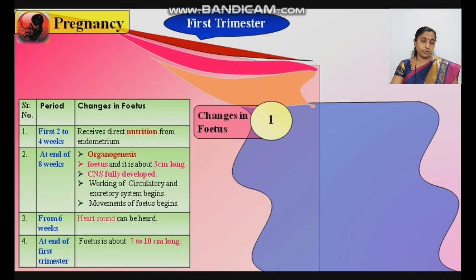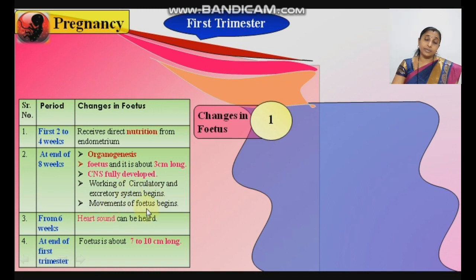Working of the circulatory and excretory systems begins. The excretory system discharges urine, which carries waste materials out of the body. The circulatory system, the blood flow, delivers nutrition and oxygen to cells and collects waste material from them.